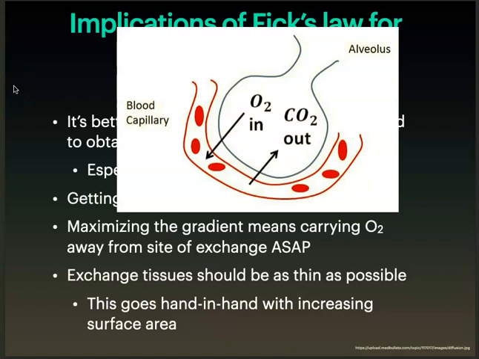We talked about this a little bit already, but in order to get the most oxygen out of the air or the water, you want to maximize the gradient. And so part of this is carrying the oxygen away from the tissue or away from the site of gas exchange.